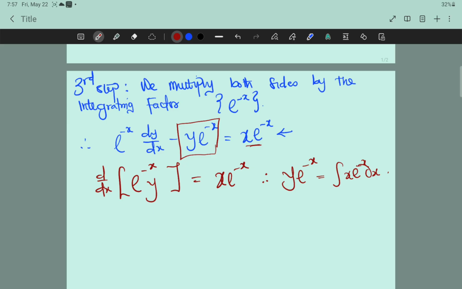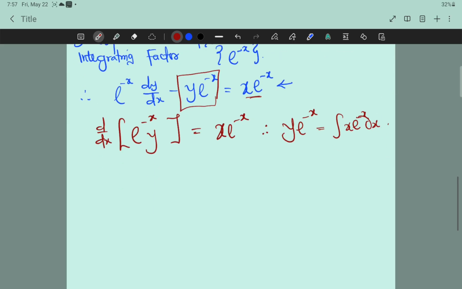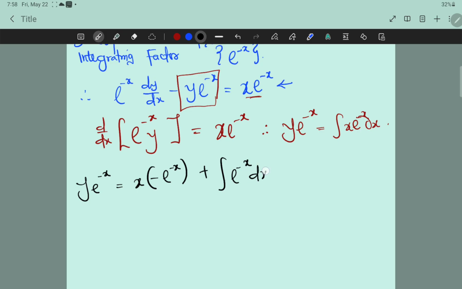So this means that y e to the power of minus x is equal to x into the bracket of minus e to the power of minus x, plus the integral of e to the power of minus x dx.